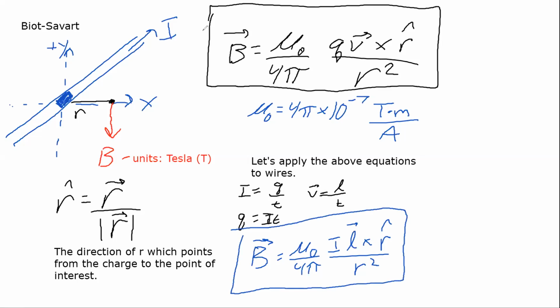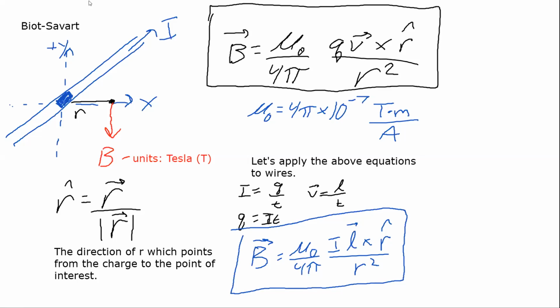And I think I only need to explain one thing here that I didn't explain earlier, which is this L. So what is this L? Well, this L is just the length of the wire. And you notice it has a vector there. So that vector is just telling us it's going in the direction of the current. So L is the length of the wire, and it goes in the same direction as the current.